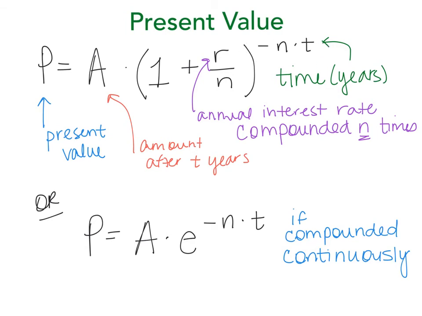So negative N, which is the number of times it's compounded, times the number of years. Or if I'm going to compound this continuously, so I'm earning interest on interest on interest, I'm going to use this simplified equation here with E, which we've seen already this video.